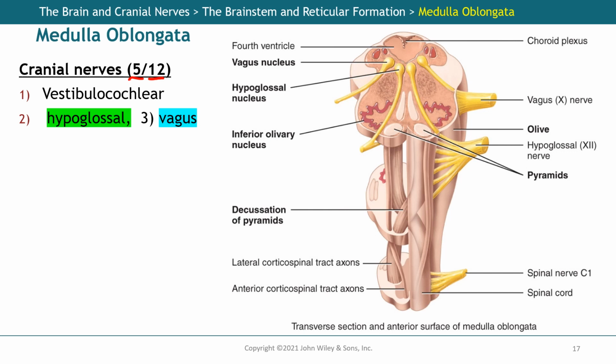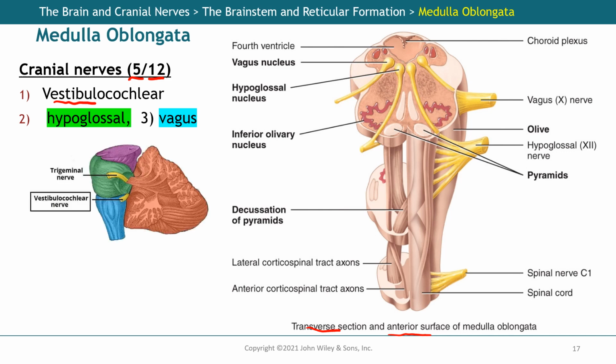So for example, this one, you will not be able to see it from this transverse section of the medulla oblongata, or the anterior surface. You will have to turn it and you will see it here.